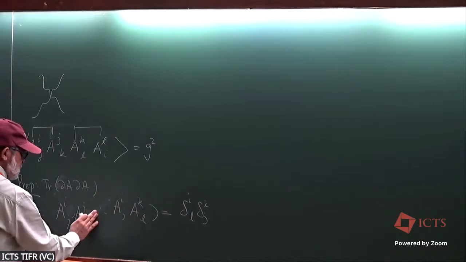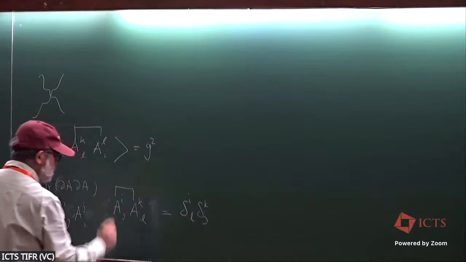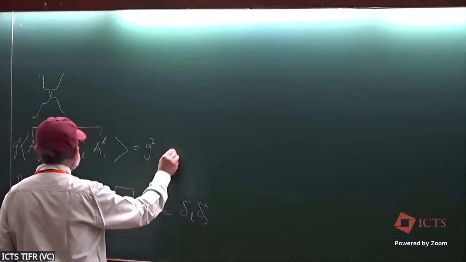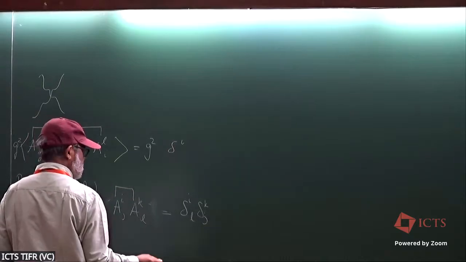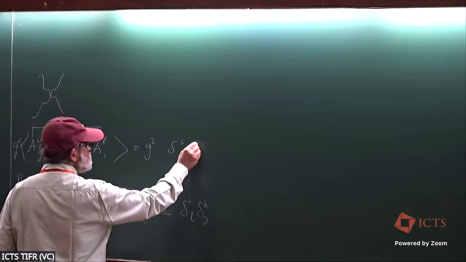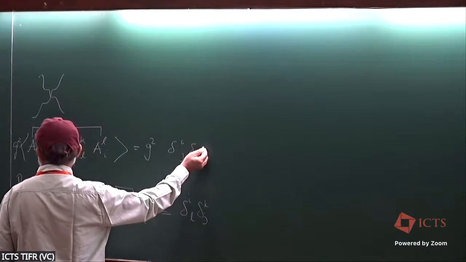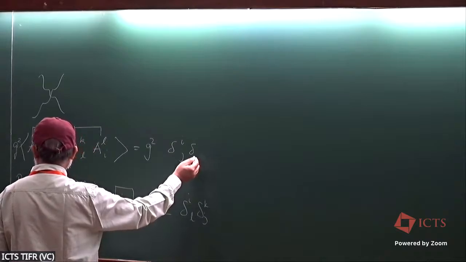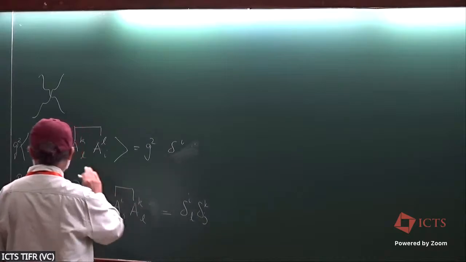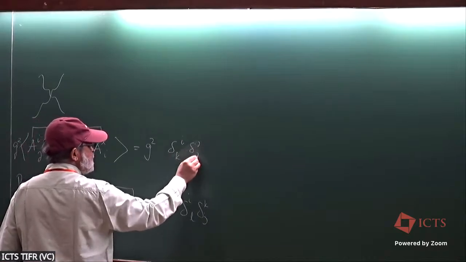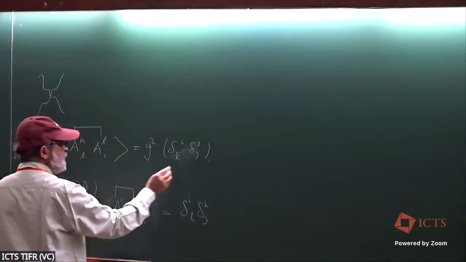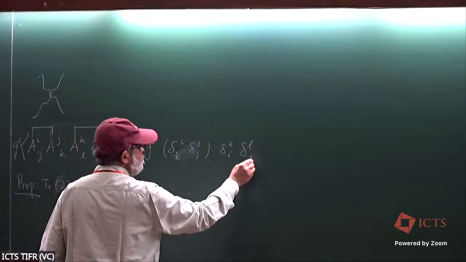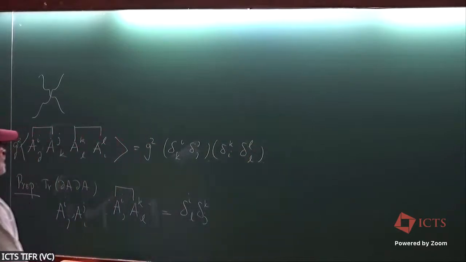So let me just write blindly this guy. So delta IJ, sorry, delta. So from here I get delta IK, delta JJ, and from here I get delta KI and delta LL. Right? This is what it is.